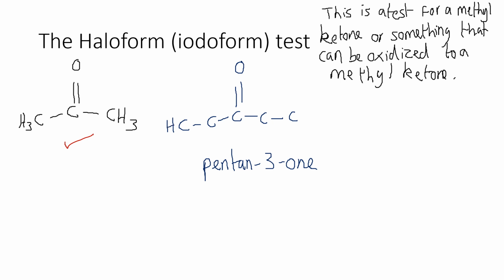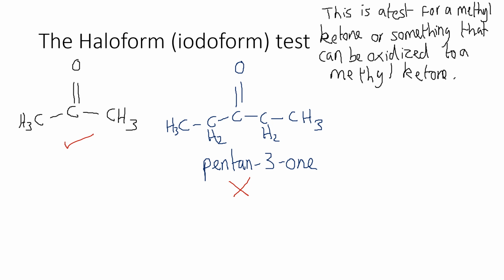So it's a CH3 group here, then a CH2, then a CH2, and then a CH3. Now, this is a ketone group that is not next to a methyl group, because CH2 does not count as a methyl group. The CH3 is a methyl group. So this would not give a positive test because it's a ketone that isn't a methyl ketone.